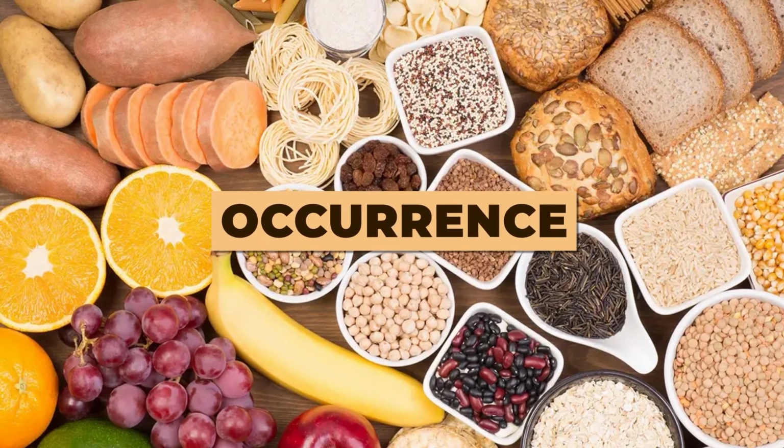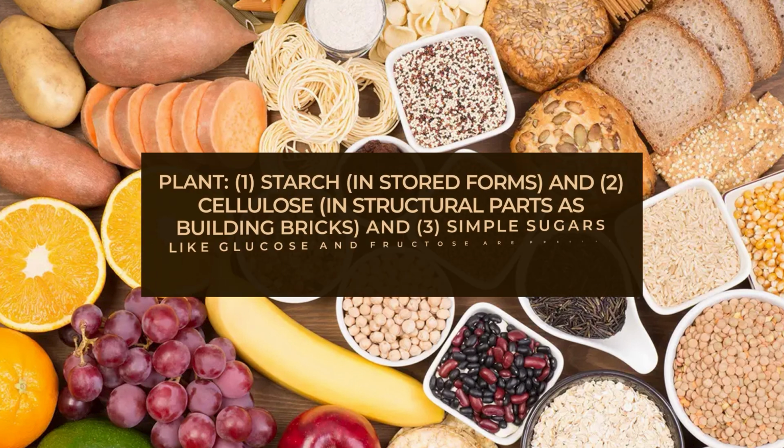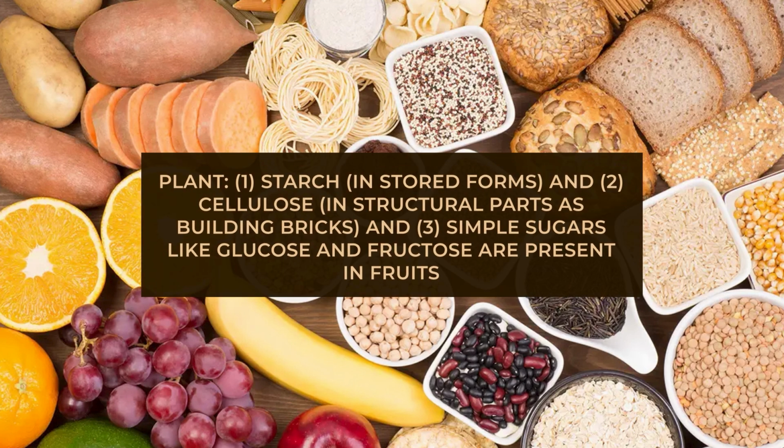So, let us start with the occurrence. This is present in all the products like plants, animal tissues and microorganisms. In plants, as you know, it is in the form of starch in stored form, and cellulose is in the structural part as building bricks. Then in all the fruits and vegetables, we have simple sugars like glucose and fructose.